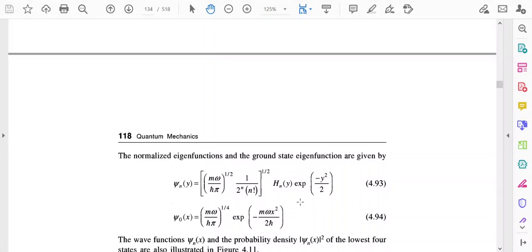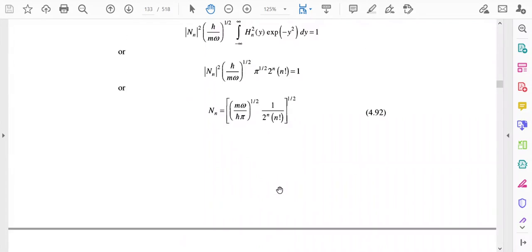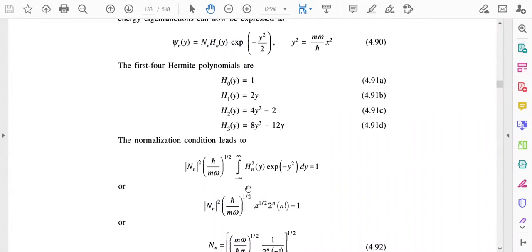Now, if we put different values of n, then we will get different eigenfunctions corresponding to different states. For example, if we put n equal to 0 here, then psi_0 will be, we have to put H_0(y), and the value of H_0(y) is 1.